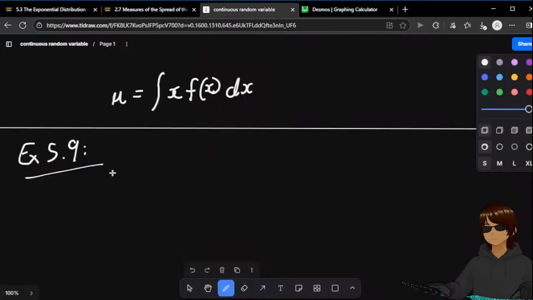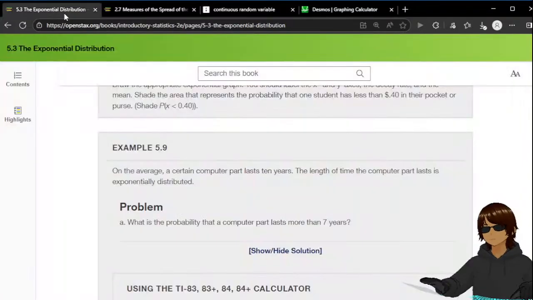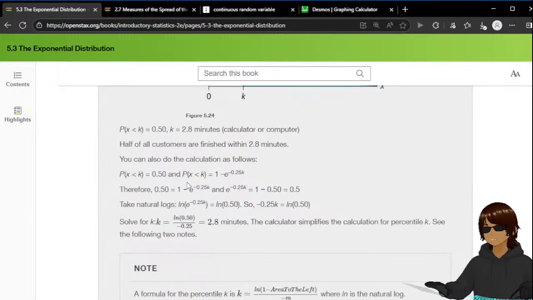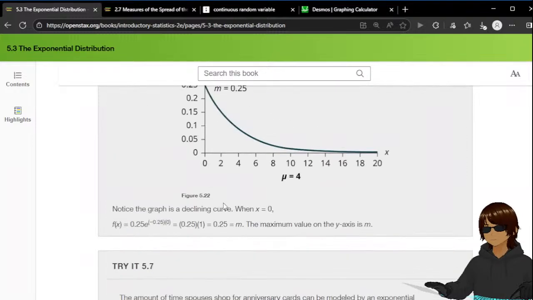On average, it's 10, so m is 0.1. So the probability density function is m e to the power of minus mx.